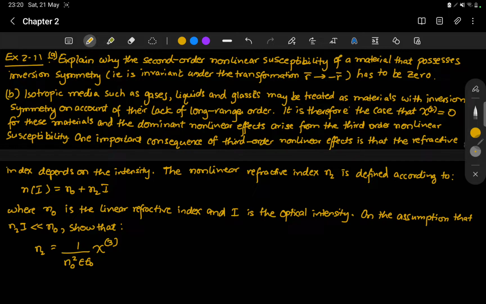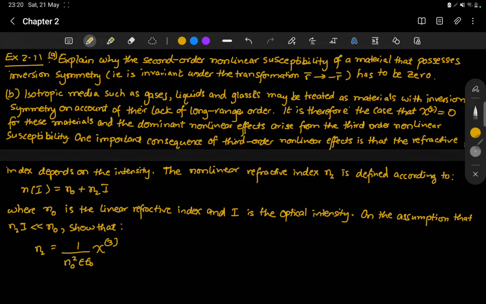The second part says that an isotropic medium having inversion symmetry will not have long range order. So such materials, as shown in part A, would have chi2 equal to 0.